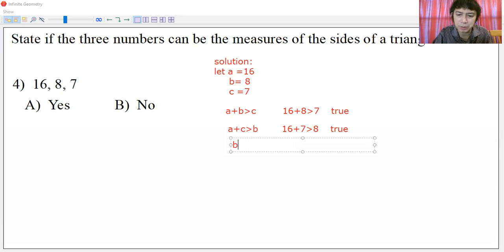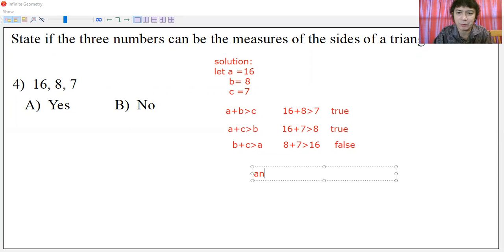Is B plus C greater than A? Is 8 plus 7 greater than 16? That's 15 greater than 16. That's false. So our answer is no.